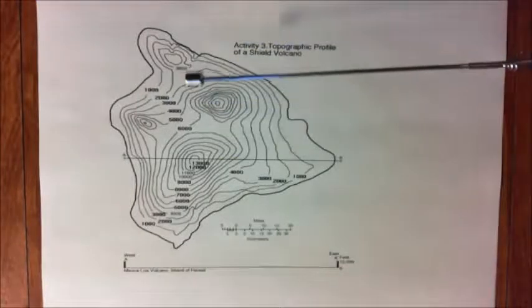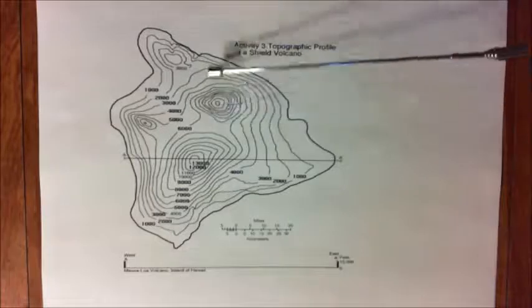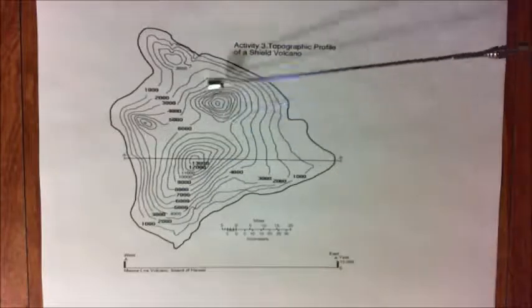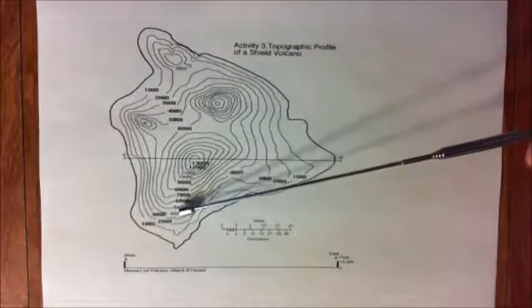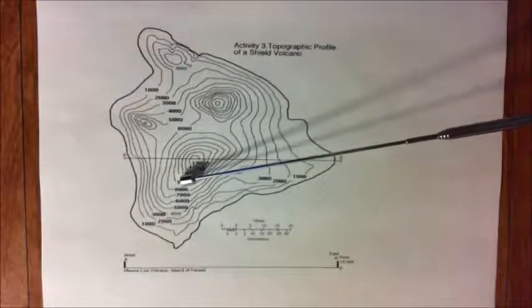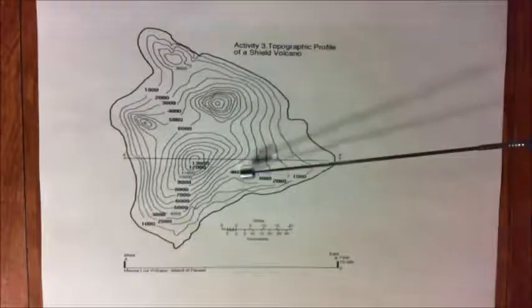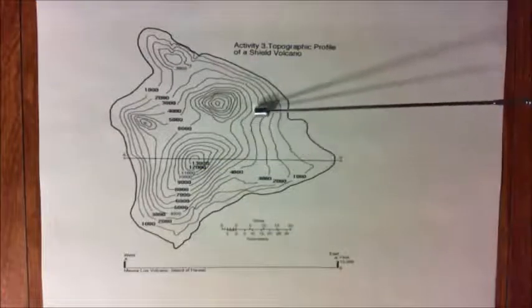Now notice, there's no numbering of contour lines over here. Well, we know that the lines are all 1,000 feet apart. So you just find one line that is marked, and you come over here.